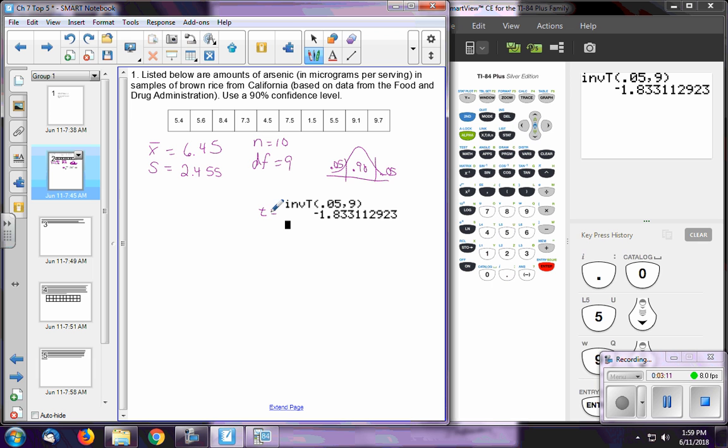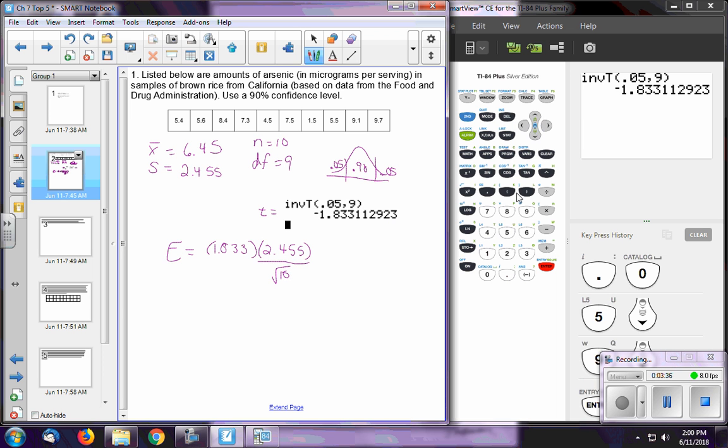or equation rather. Now, to go about finding the margin of error, that is equal to your t-score, which is 1.833. Because you're going to be adding and subtracting, and how this is symmetric, the negative does not matter here, times your standard deviation, divided by the square root of your sample size.